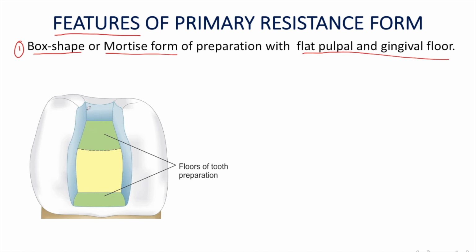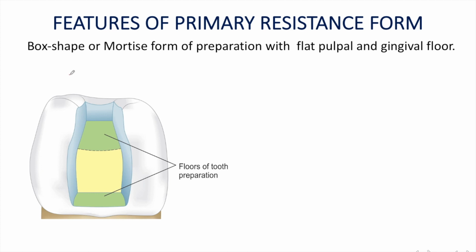It means that each wall and the floor should be in the form of a flat plane meeting each other at definite line angles. You can see in this image that all these flat walls and floors are meet at definite line angles. This box-shaped preparation minimizes the stresses acting on the tooth and restoration.